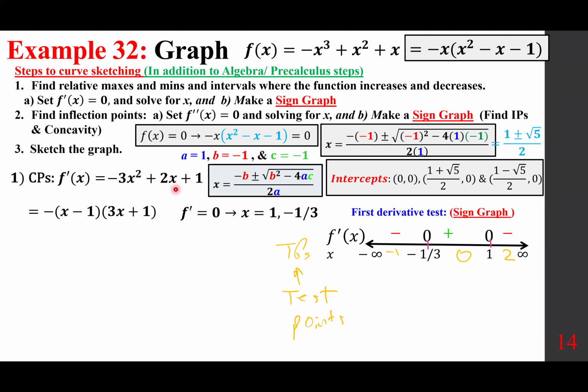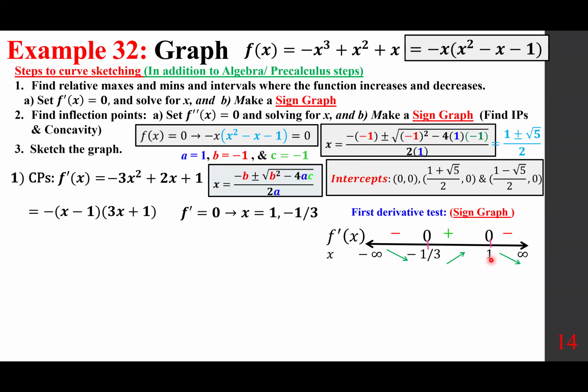In any event, let me erase my work. So let me throw in arrows. I put a down arrow for negative, an up arrow for positive. So it shows me easily: decreasing, increasing, this is a local min. Increasing, decreasing, this is a local max.